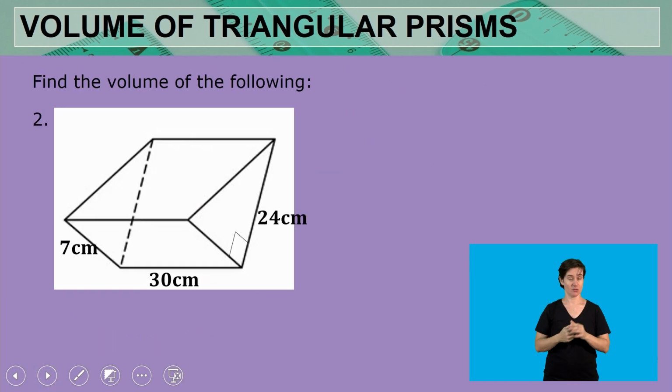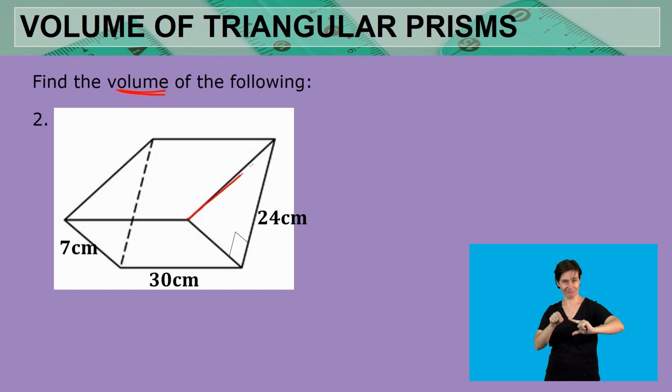Let's look at the next triangular prism. We are going to now calculate the volume of the following. So as we can see, again, the bases are the triangles, and in this case, the triangles are right-angled triangles. So we are going to calculate now the volume of this triangular prism.